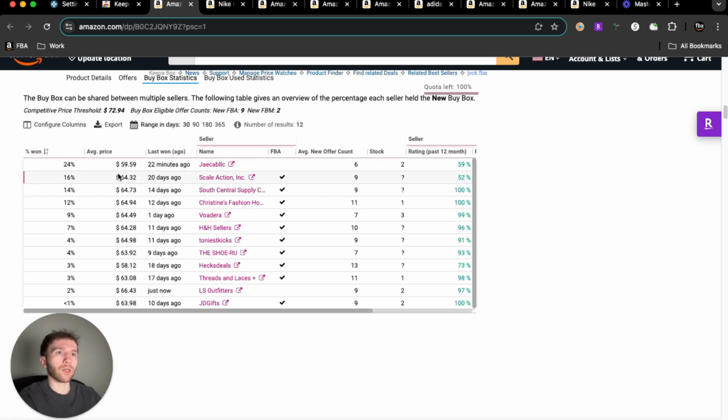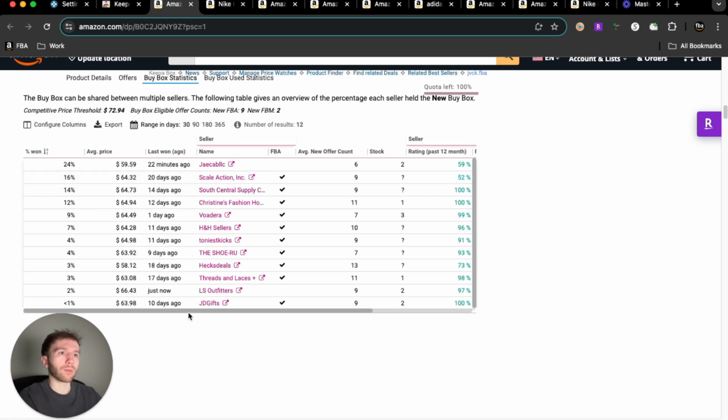So you could realistically price your product at $64 in this range and get sales at that price instead of getting less profit at 59. Because in this list for the last 30 days, there's only one other person at $58 around that range that won it 3% of the time. So this is really where you would want to be pricing your product.